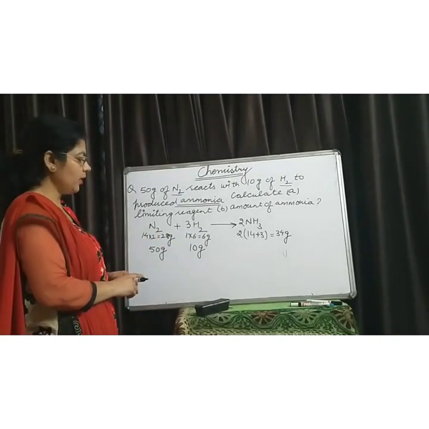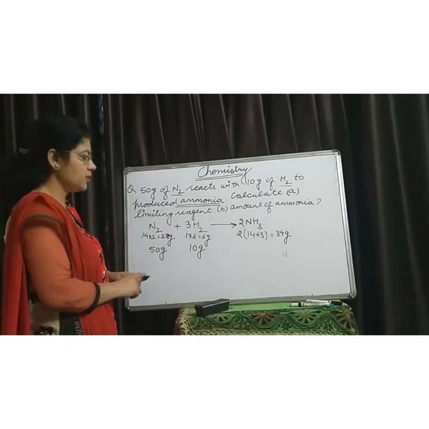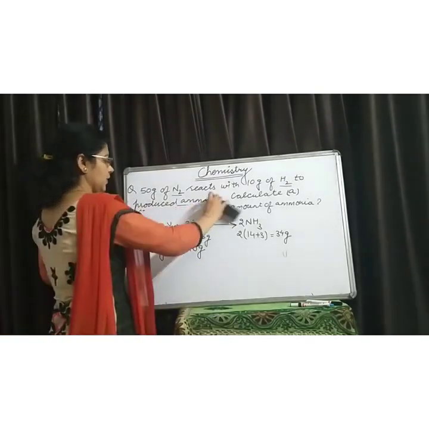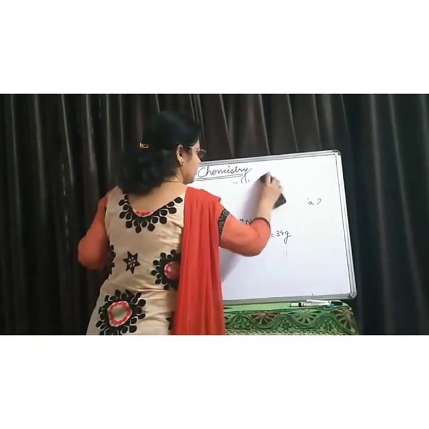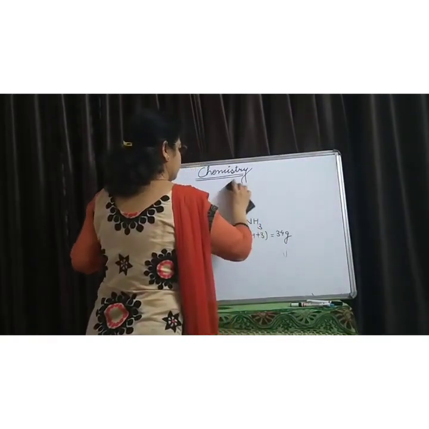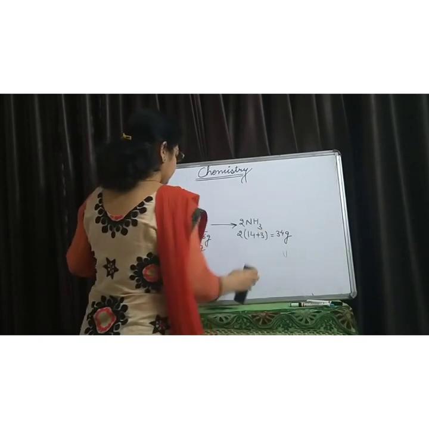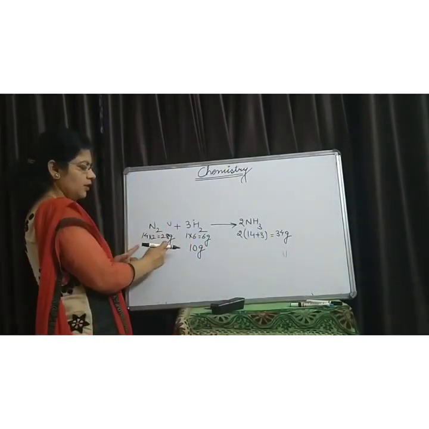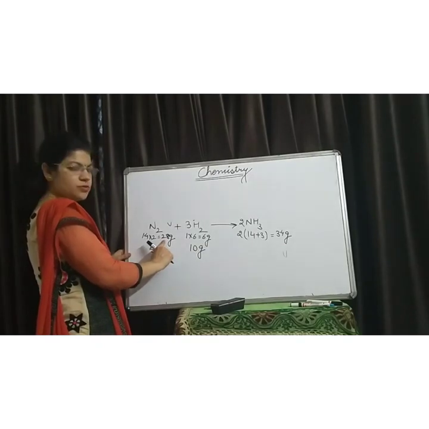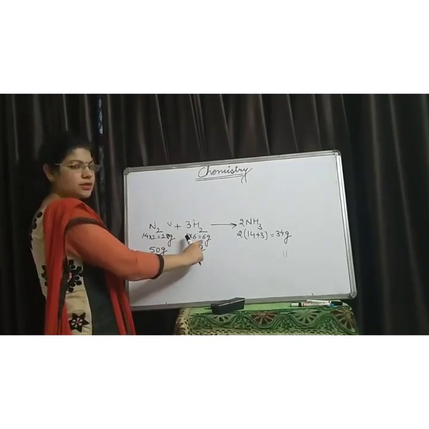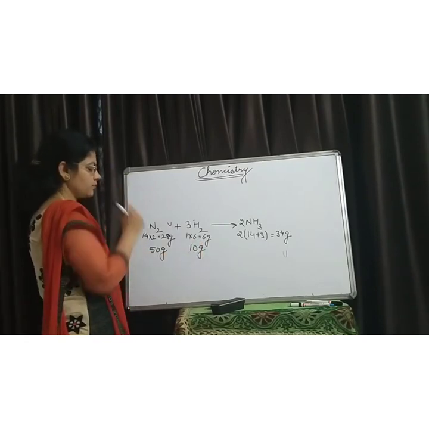How do we calculate which one is the limiting reagent? See here, in this balanced chemical reaction 28 grams of nitrogen reacts with 6 grams of hydrogen.